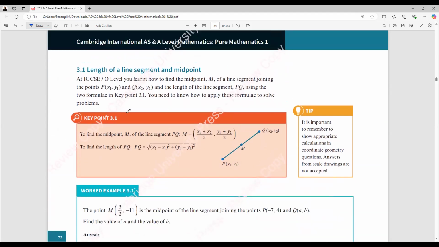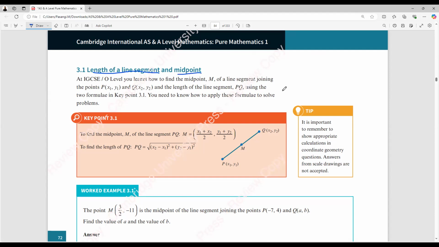Now this is where we are starting the first part. The first theory part is length of a line segment and midpoint. The first part is finding the length of a line segment and also finding the midpoint of a line.